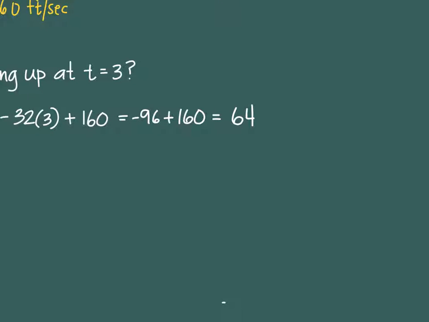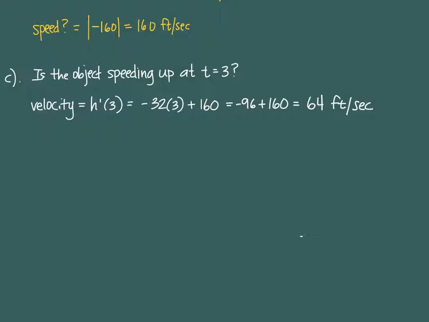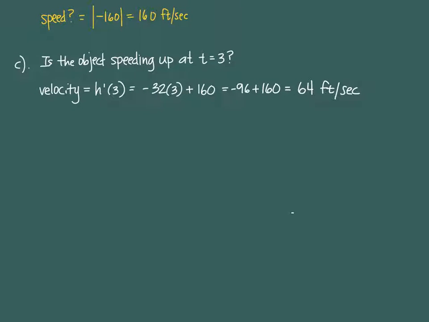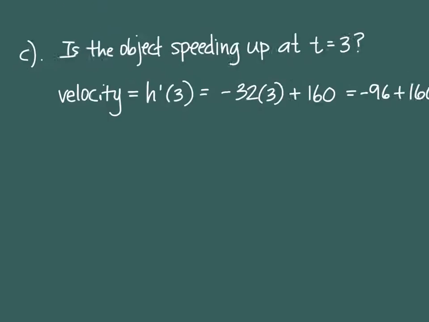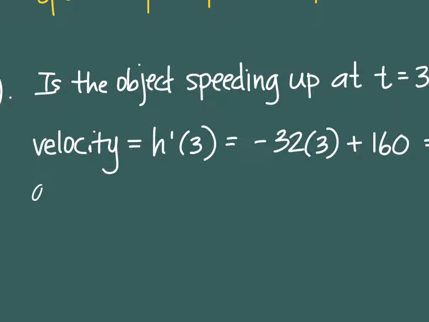That's the velocity, measured in what unit again? Feet per second. Now because this velocity is positive, what does that tell you that the object is doing at this moment in time? Going up. All right, now let's check the acceleration. H double prime at 3. Well, we haven't found the acceleration yet.